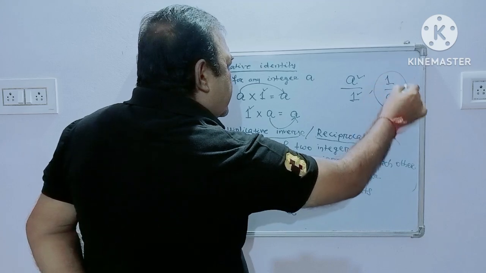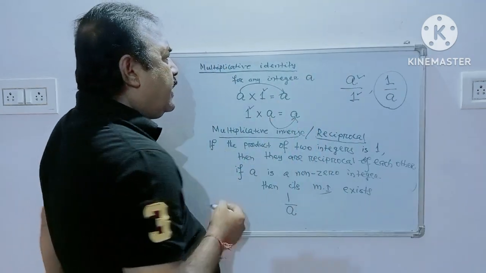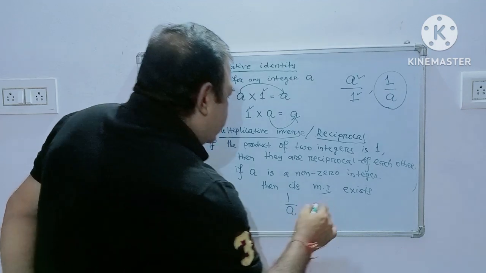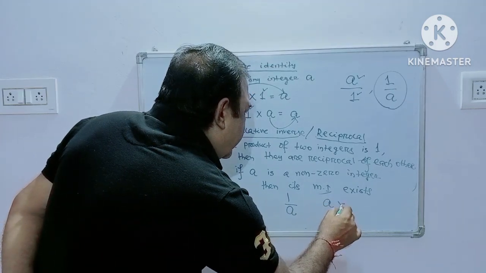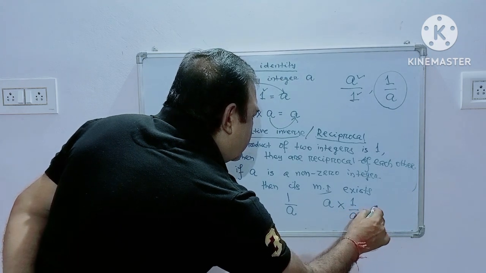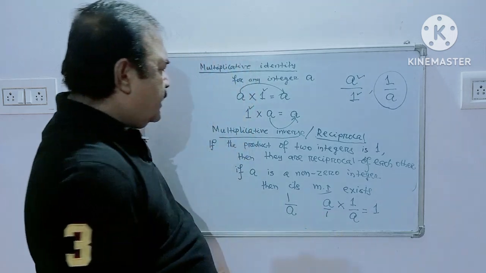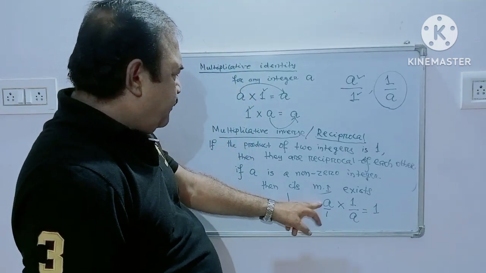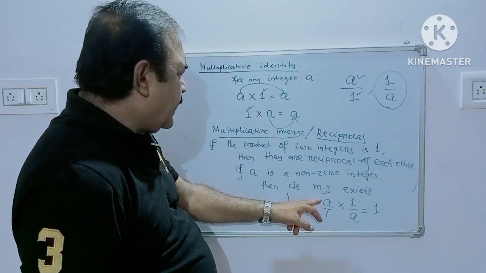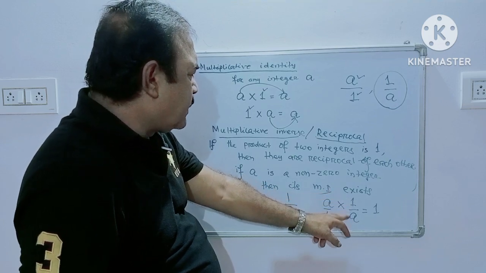So this is the multiplicative inverse of a. And you see a into 1 upon a is equal to 1. So 1 upon a is the multiplicative inverse of a, and a is the multiplicative inverse of 1 by a.